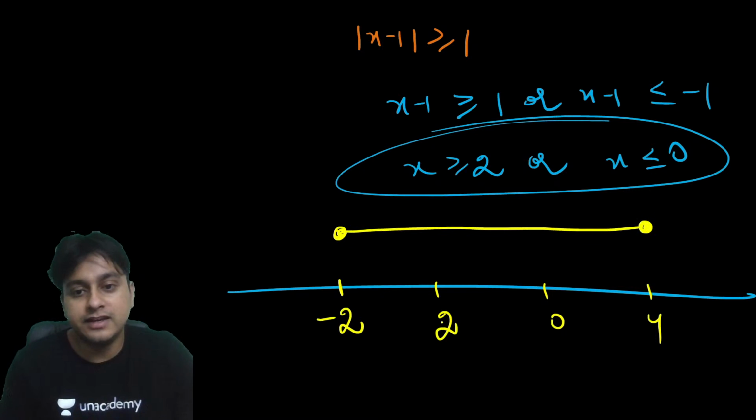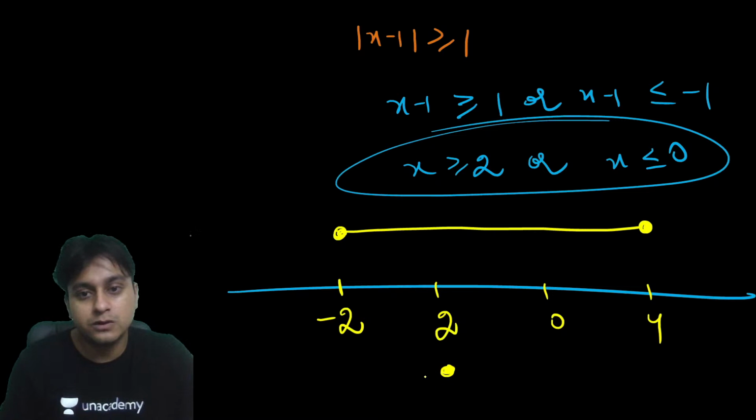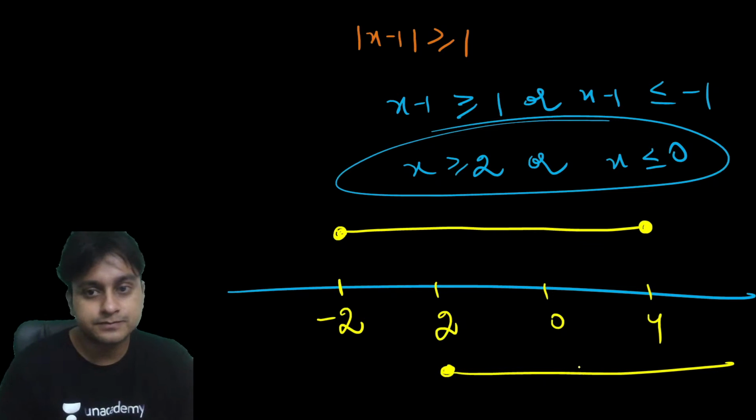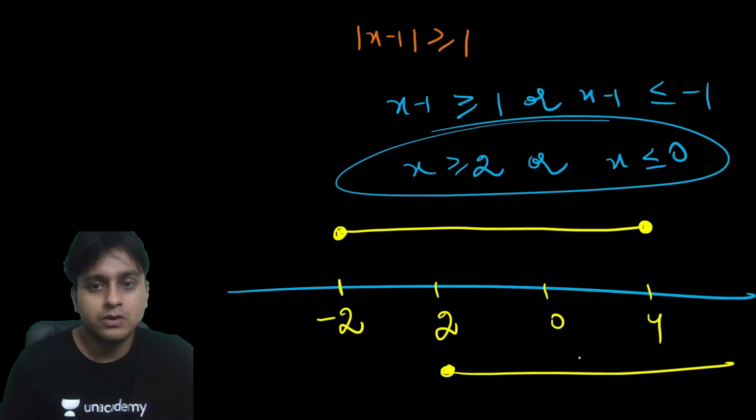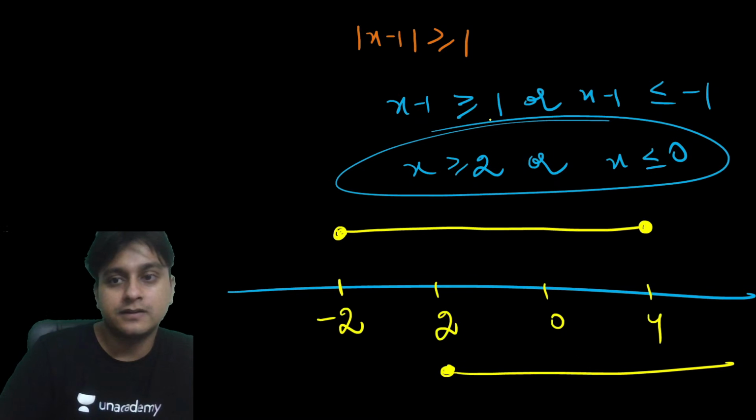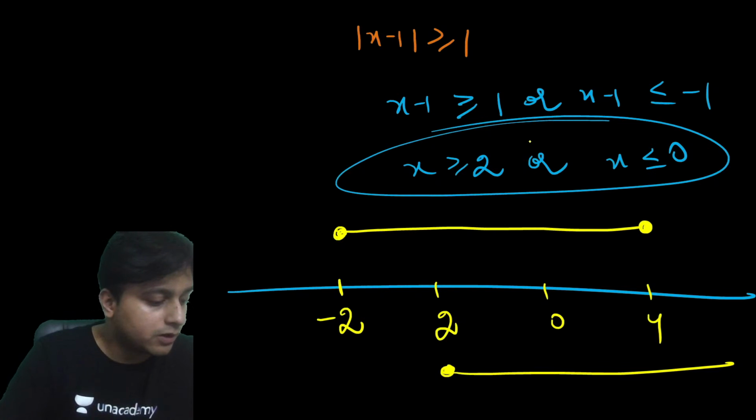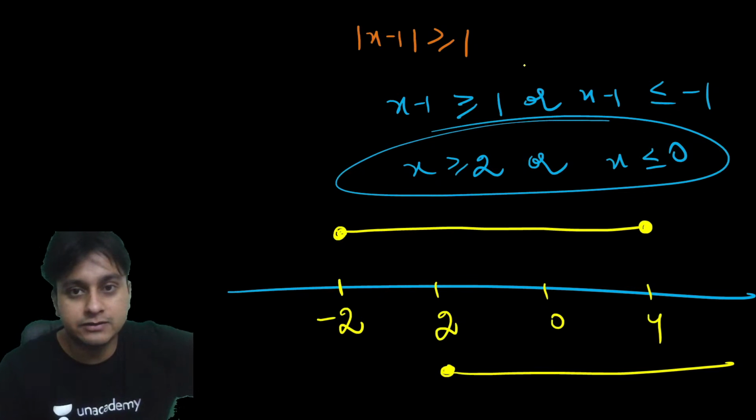And the second case is saying x is greater than or equal to 2 or less than or equal to 0, right? Isn't it, everyone? That was the case: mod of x - 1 is more than or equal to 1.